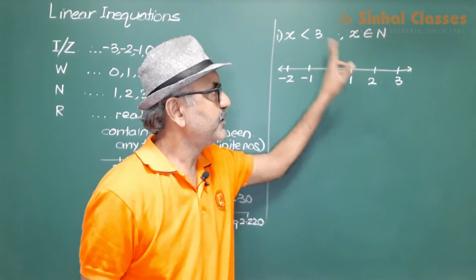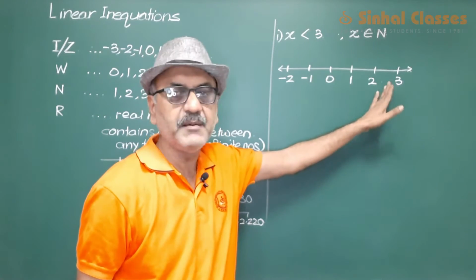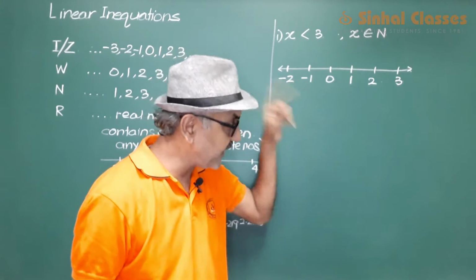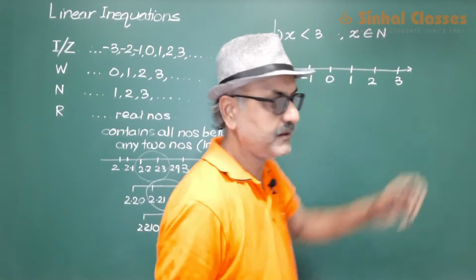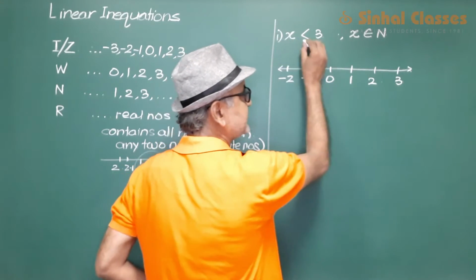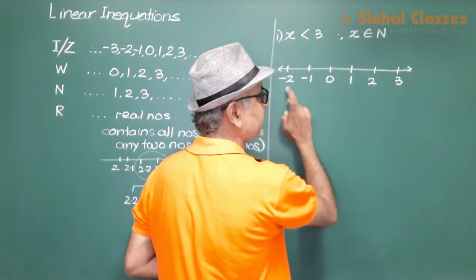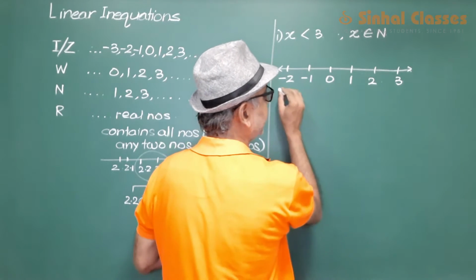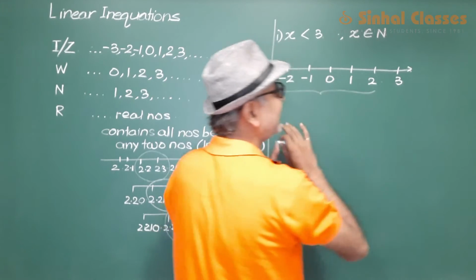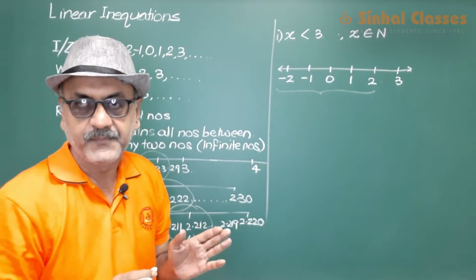Children, every number which is smaller than a number lies to the left of that number; if it is bigger, it will be on the right. So x is less than 3 means the number should be 2, 1, 0, -1, -2. These are all the numbers that we have which are lesser than 3.